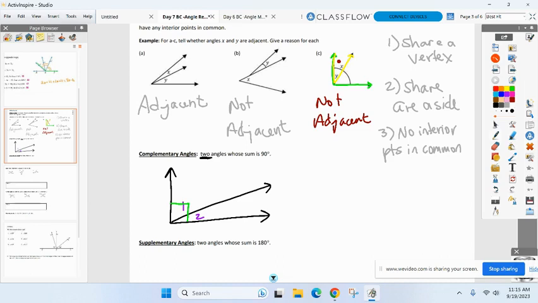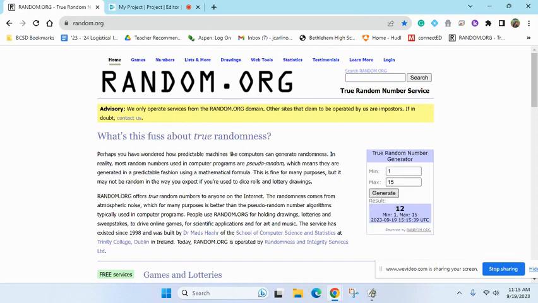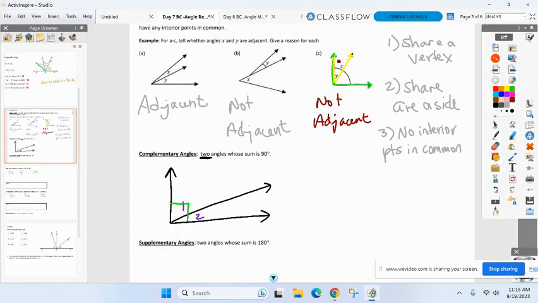I didn't put 40 and 50. I didn't put 70 and 20. So how do I know 1 and 2 are going to be complementary? Add to 90. Talk to me. What do I have on there? Oh, 12. Olivia, what do I have on there? Yeah, I got the right angle symbol, which tells you what? Right angles add to, or what? 90 degrees. Perfect. All good?